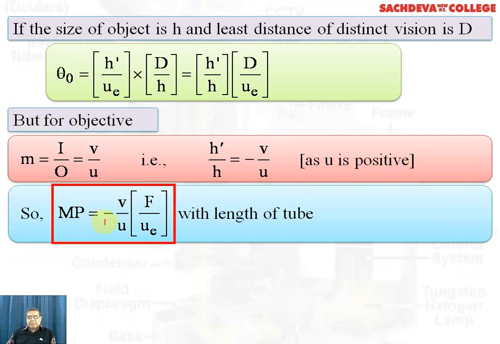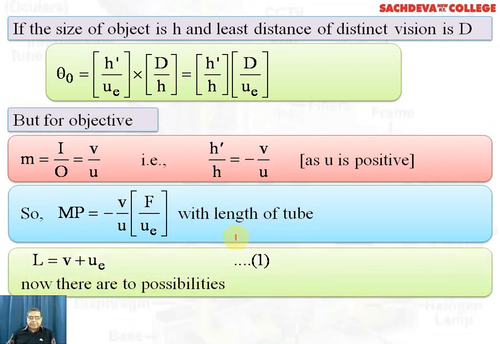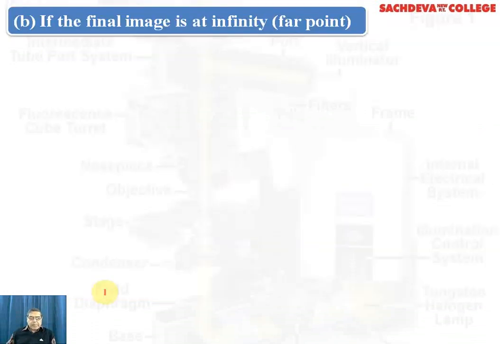Magnifying power can be calculated by minus v over u, that is f over ue, with the length of the tube. Now the length of the tube is calculated by adding the image distance and the distance of object from the eyepiece. So we will add these two values algebraically because length is a scalar.